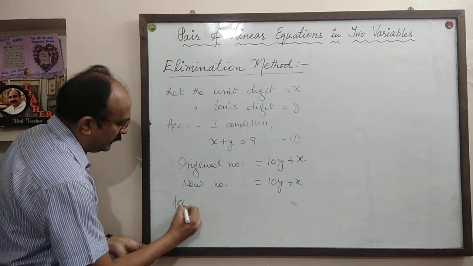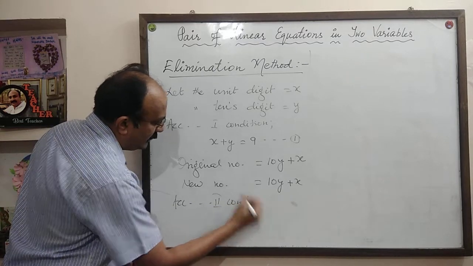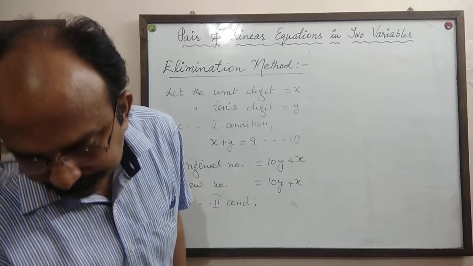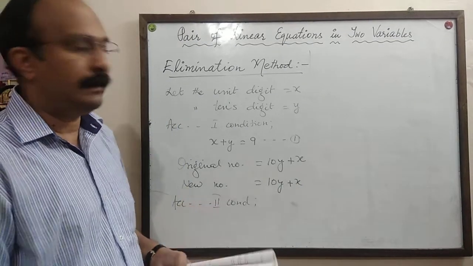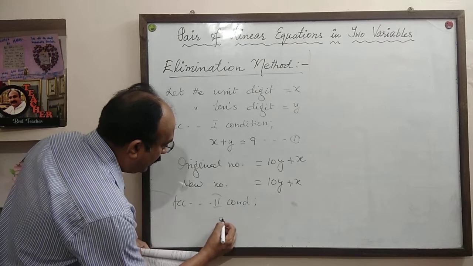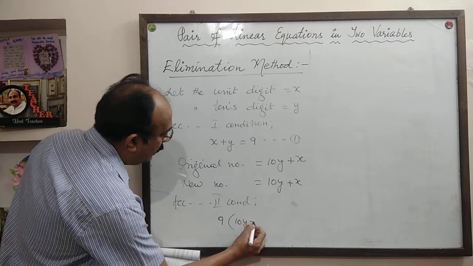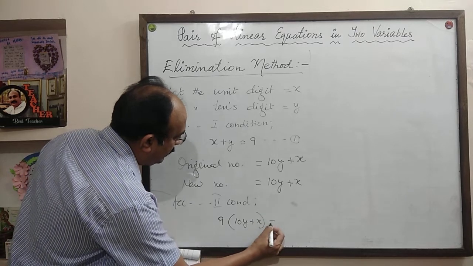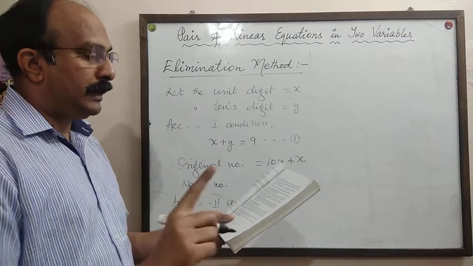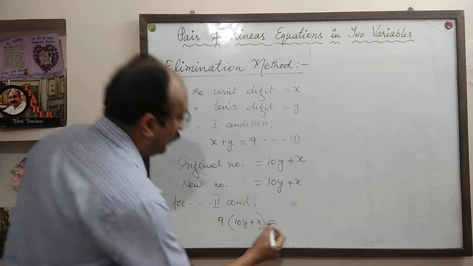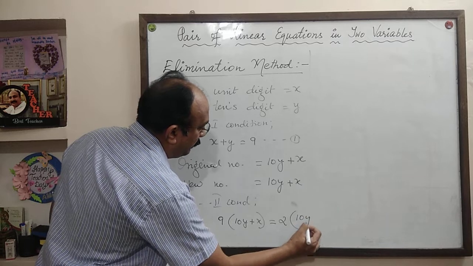Now according to the second condition, 9 times this number, that is 9 into the original number, 9 into 10y plus x, is equal to twice the number obtained by reversing the order.